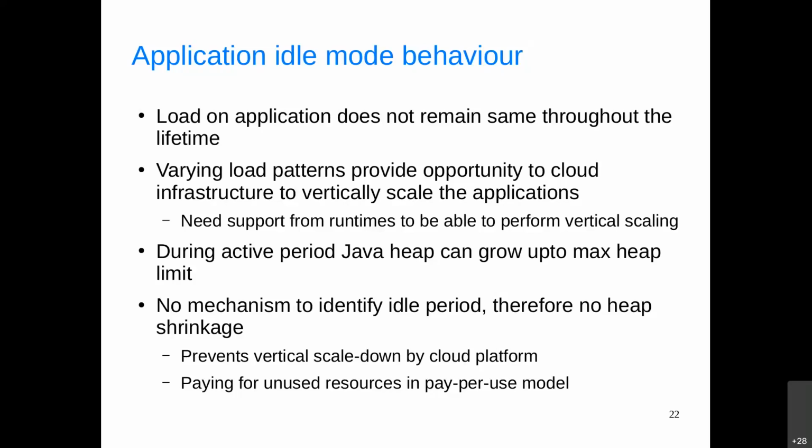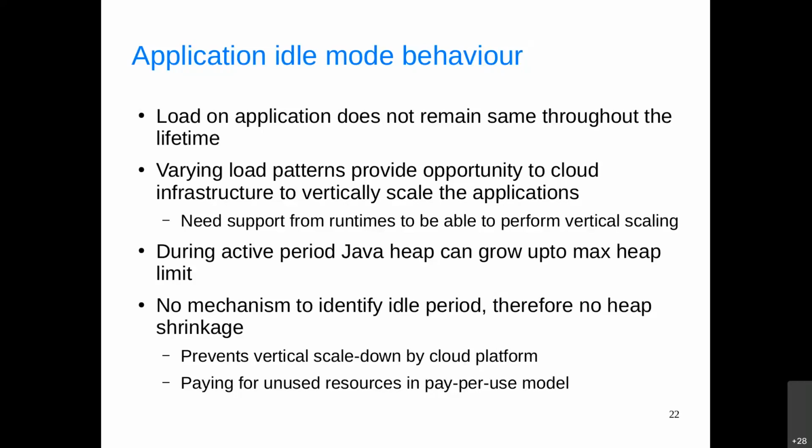And the cloud infrastructures these days, like the JElastic Cloud, have the ability to take advantage of these varying load patterns to vertically scale the applications up and down, to improve the utilization of the resources.